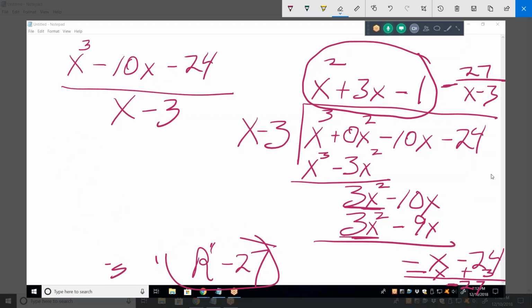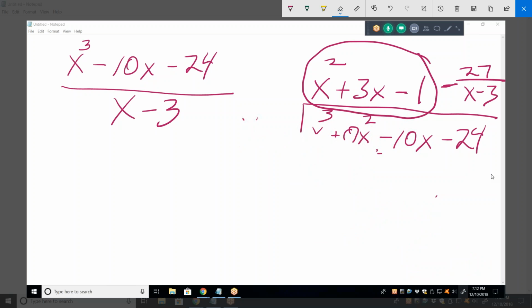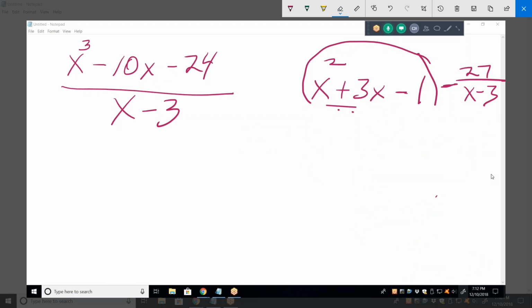Although you're pretty good with subtraction, you didn't make a mistake on the subtraction. But what we do with synthetic division is we get rid of the x's. We don't need the x's, but we still need dummy variables. So here's what I'm going to do. What goes in the box?